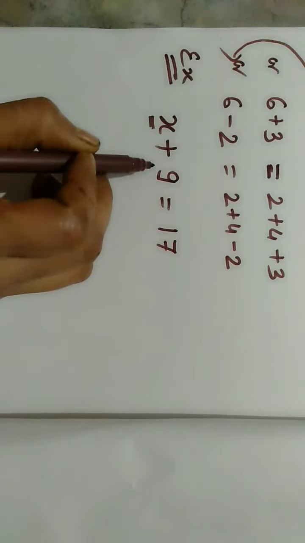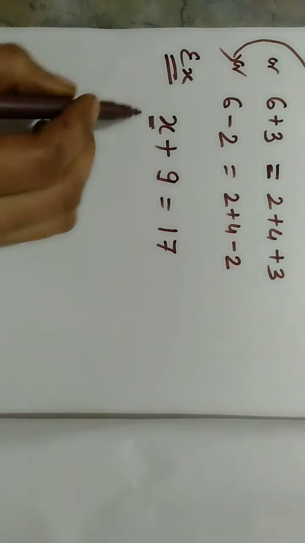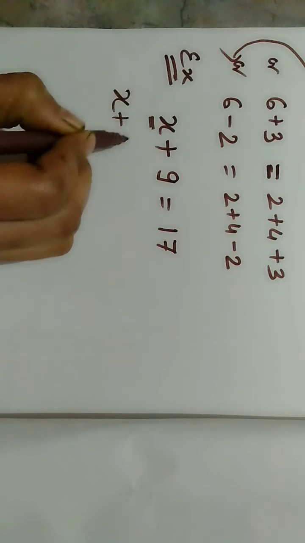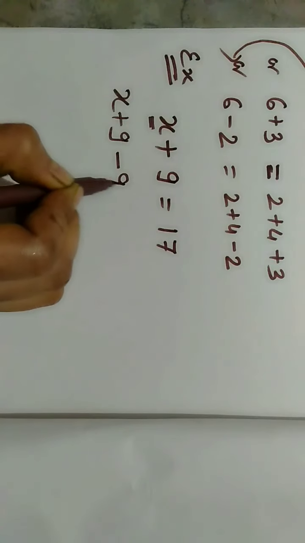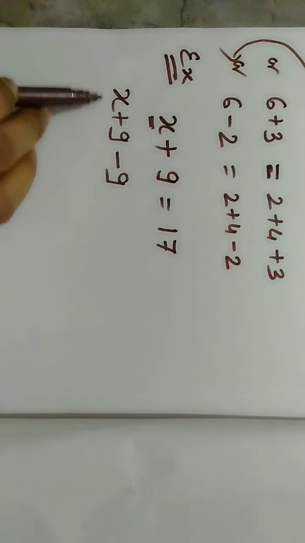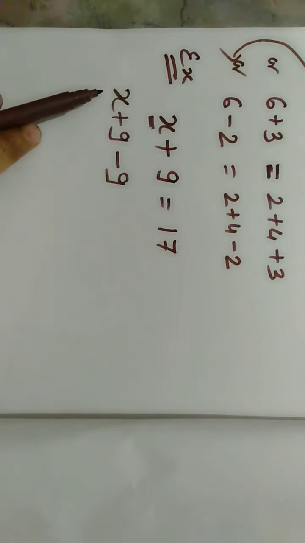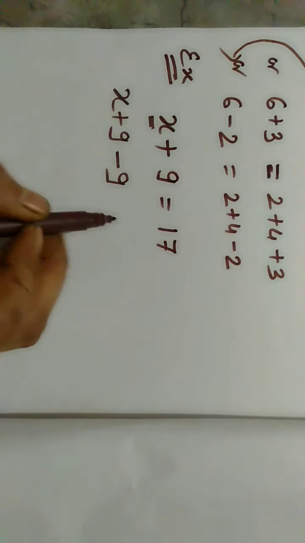So for this, if we subtract 9 from this side, x plus 9, from here if we subtract 9, then on the left hand side we are having just the variable x.